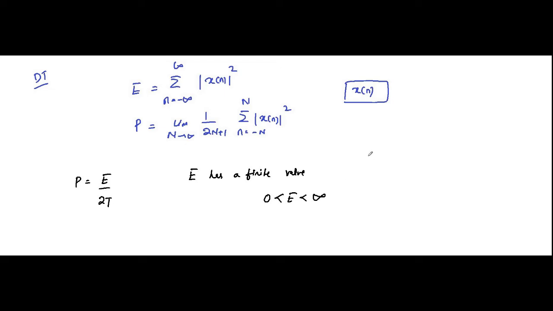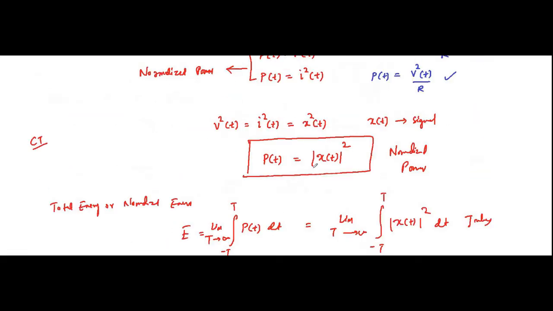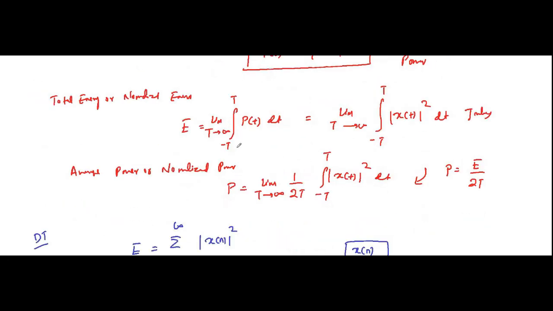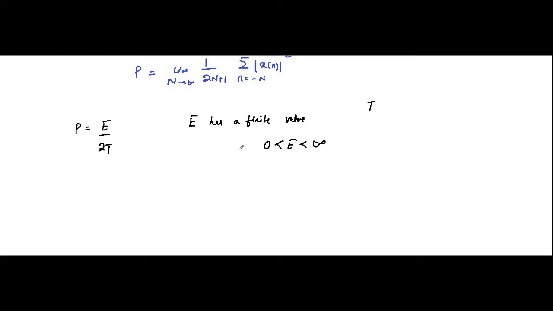Here T is taken over an infinite interval, from t equals minus infinity to infinity, limit T tends to infinity. So obviously when there is infinity in the denominator, it will be E by infinity, it will be 0. The average power or normalized power will be 0.